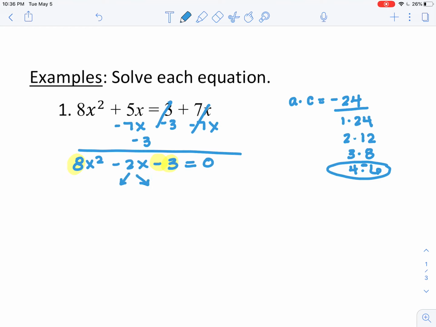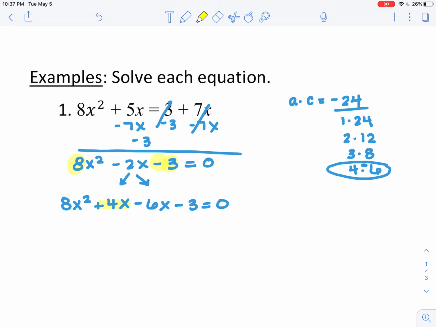Remember that we use those factors to split the middle term into 2 parts. So 8x squared doesn't change, but now negative 2x gets rewritten as plus 4x minus 6x. Then the negative 3 equals 0.